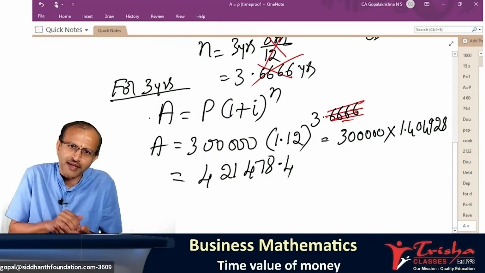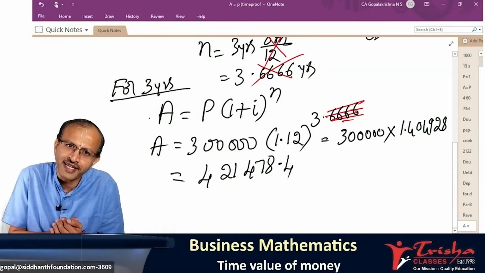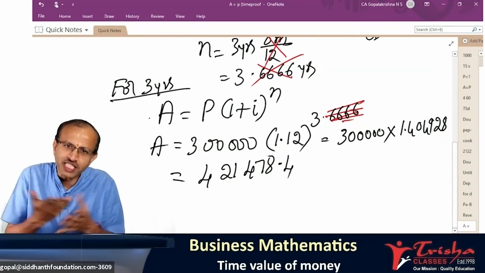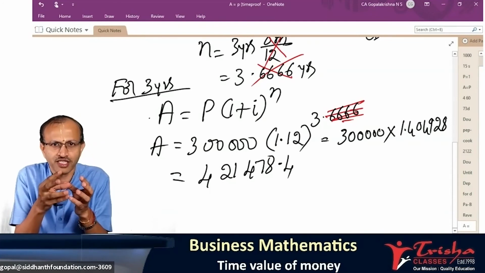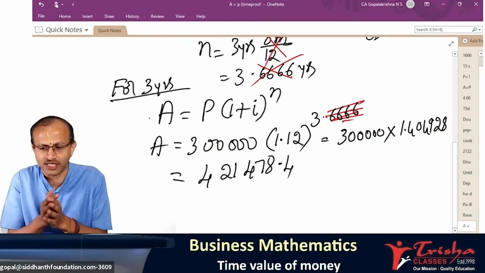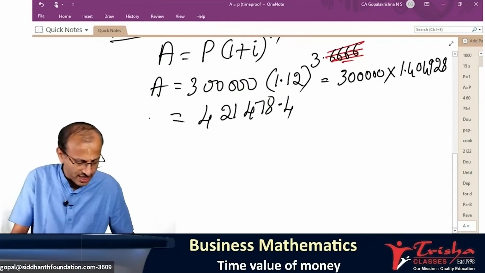As a bank manager or banker, how many months' interest do you have to add? 3 years are over. Money was there after 3 years, 8 more months. You have to add 8 months' interest.